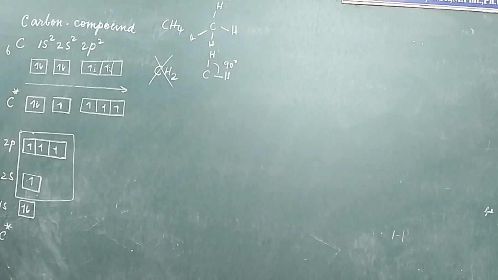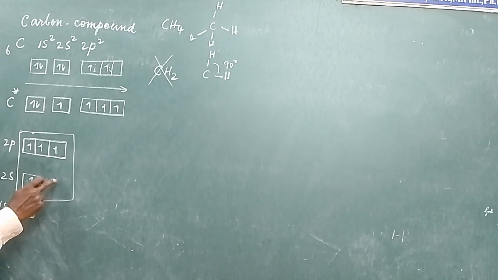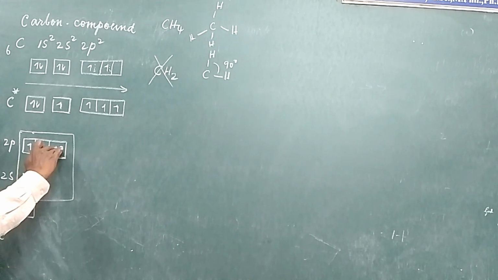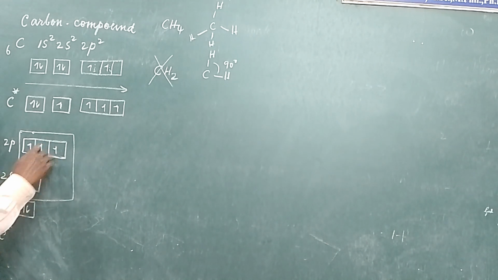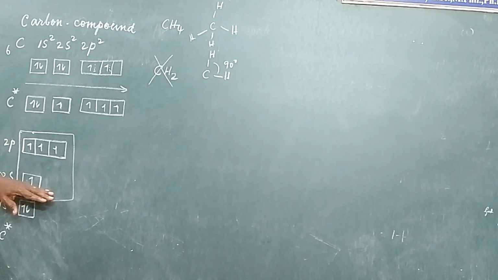This hybridization, so when they are hybridized, they are forming four equally energized orbitals, and whose energy will be higher than the 2s orbital and lower than the 2p orbital, depending upon the combination, how many p orbitals are combined and how many s orbitals are combined.